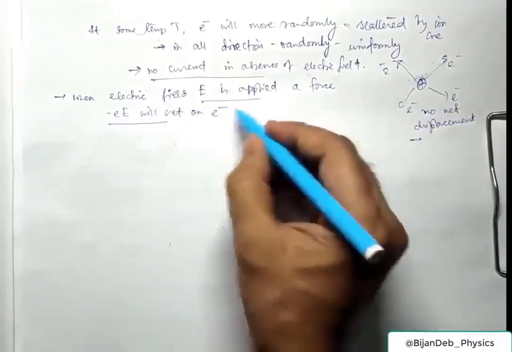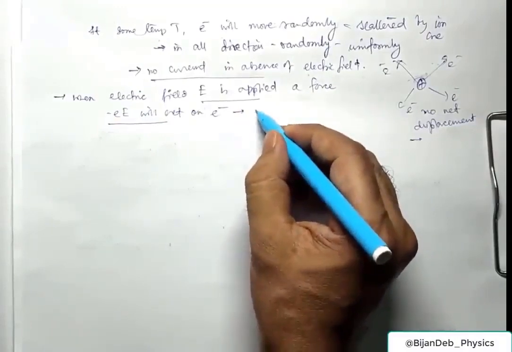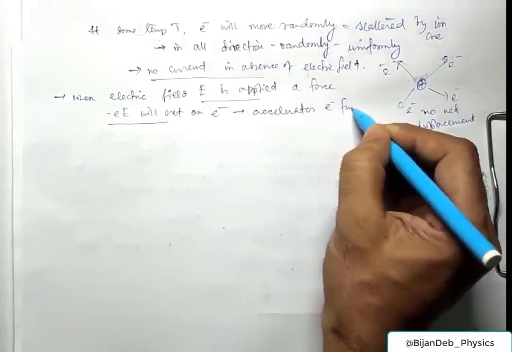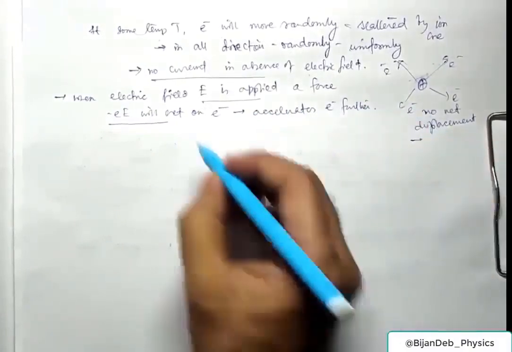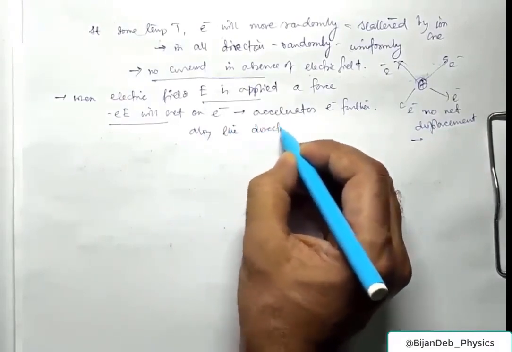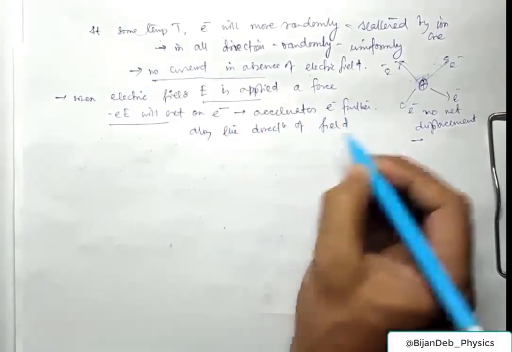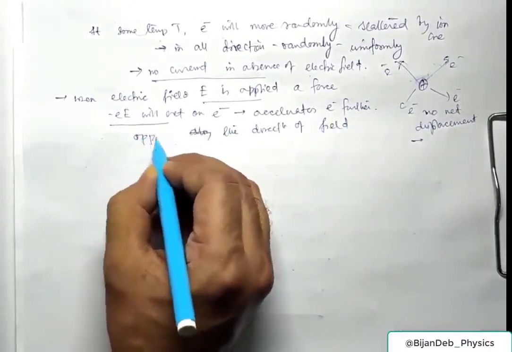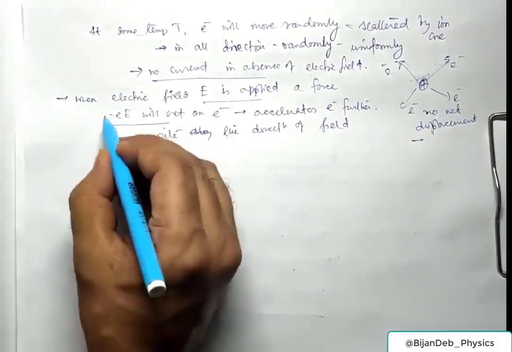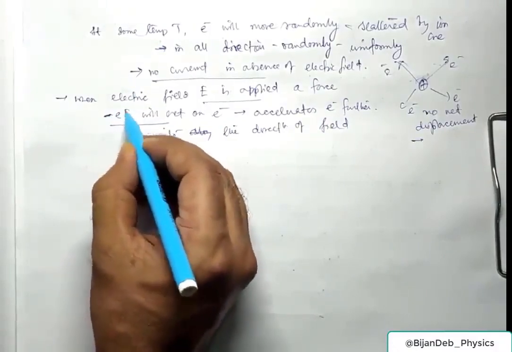So the force eE will act on the electron, which accelerates the electron further. Now, it will not be along the direction of the field, it will be opposite, because the electron, by application of the electric force, moves in the direction opposite to the electric field.